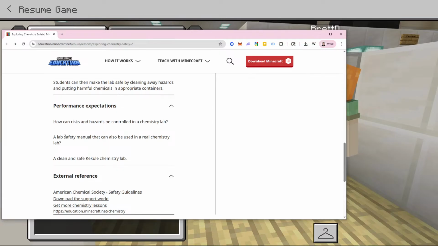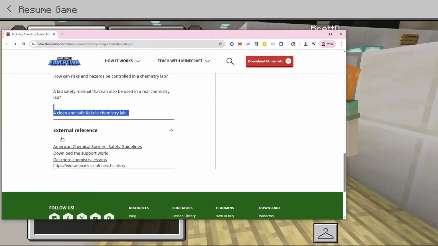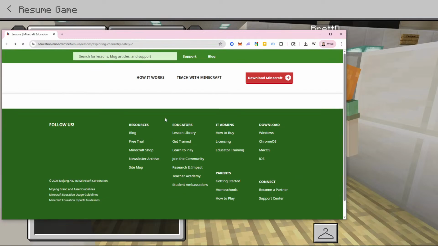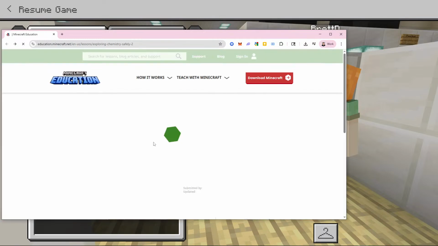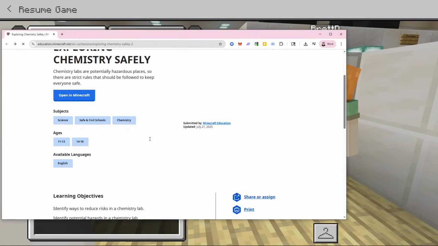Oh, lab safety manual. I haven't seen that around. I mean, talking to people, though, they mention stuff like that. There's some safety guidelines. You can download the support world here if you have trouble downloading it through the game like I did. There's also more chemistry lessons if you go out to the Minecraft Education website. That's where we pull in our lessons from.